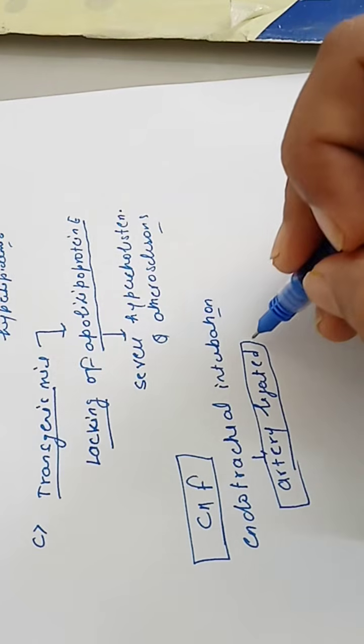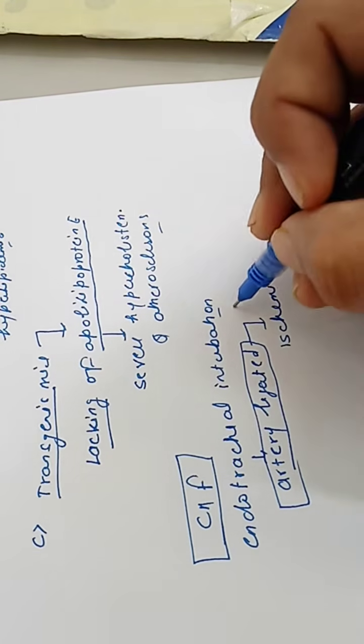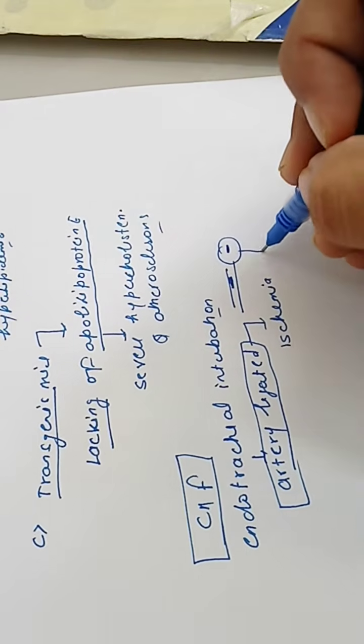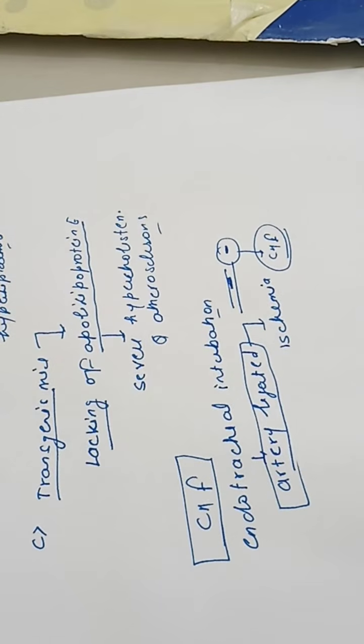When arteries are tied, it will lead to ischemia, a loss of blood supply to a particular region, which will result in CHF, congestive heart failure, in the coronary circulation.